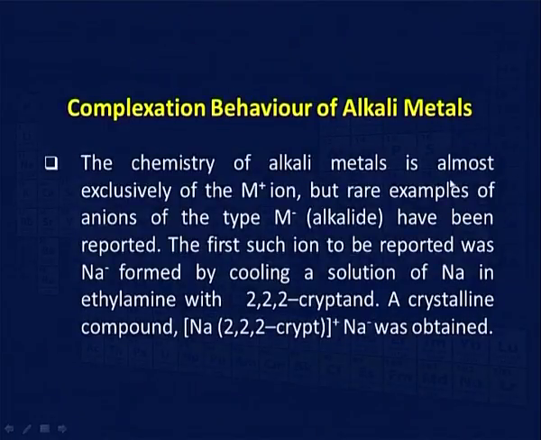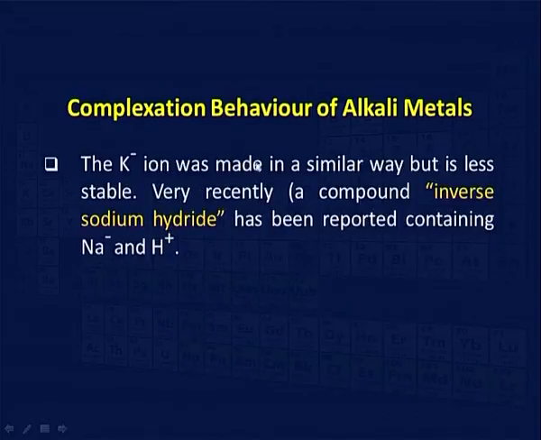Now, the chemistry of alkali metals is almost exclusively of the M plus ion, but rare examples do exist of alkalides. Alkalide means M negative, which are very rare and very recently reported, but we are not very sure of them. K negative is called kalide.